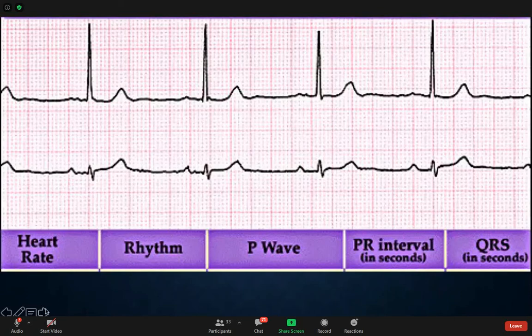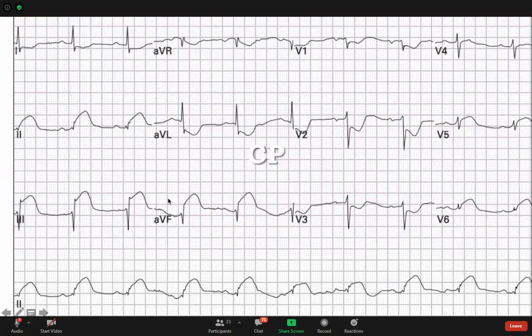Perfect. Now can someone read this ECG and tell me what's going on here?